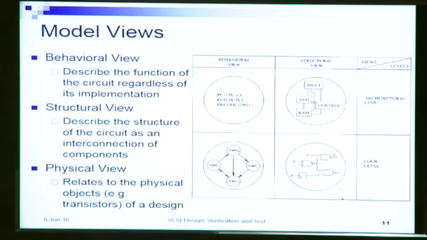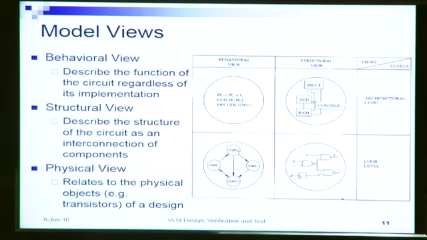Then we also said that at each level of design we also have views. We have abstraction levels and we also have views. First we have the behavioral view. The behavioral view, as we have already said, describes the function of the circuit regardless of what the implementation of the structure is. We also have the structural view. It describes the structure of the circuit as an interconnection of components.